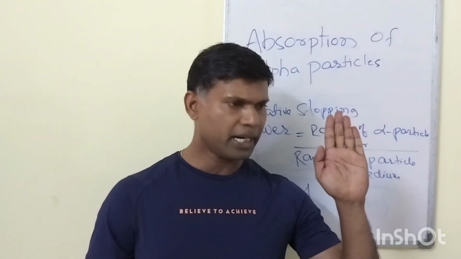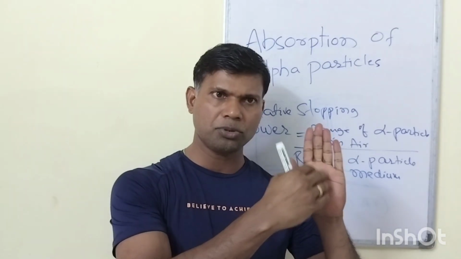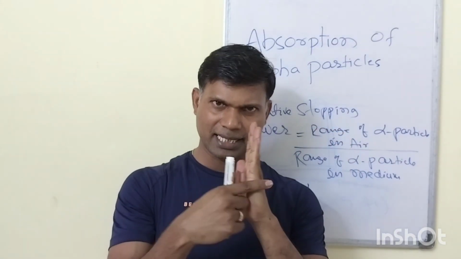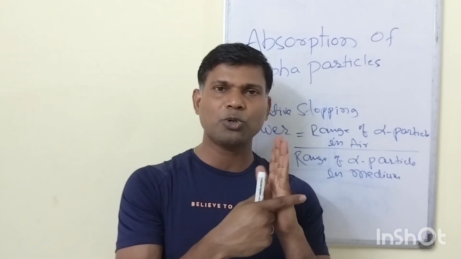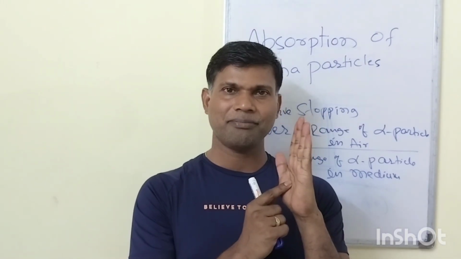Next, what we want to design is this: I am putting one material here like this. Alpha particles are coming and they should be absorbed in the material. So what must be the thickness? This thickness must be equal to the range of the alpha particle in this medium.